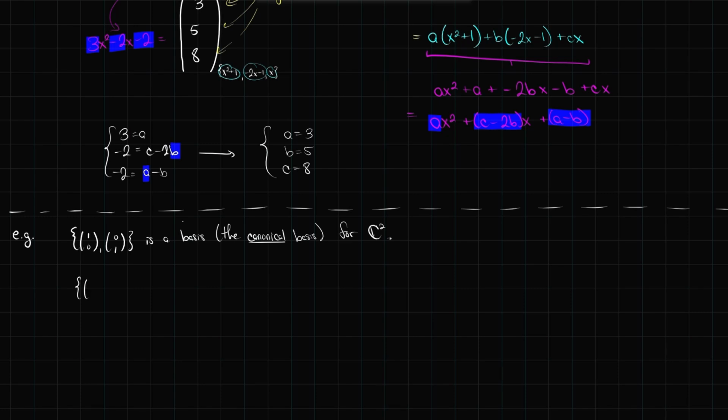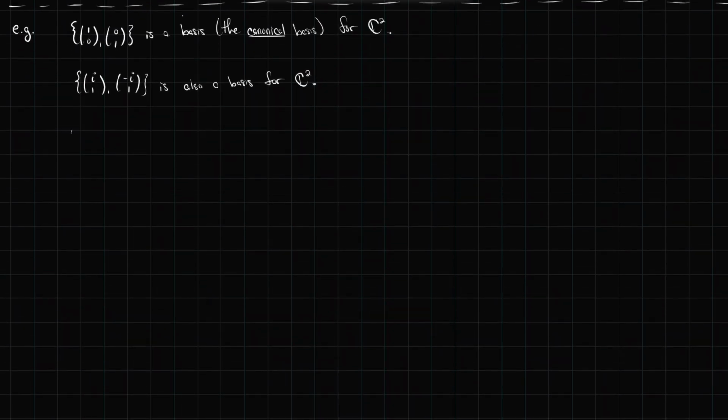We've got another one here. I can do (i, 1), (negative i, 1), which is also a basis for C2. Let's construct the vector representation of, well, now this is a little bit interesting.